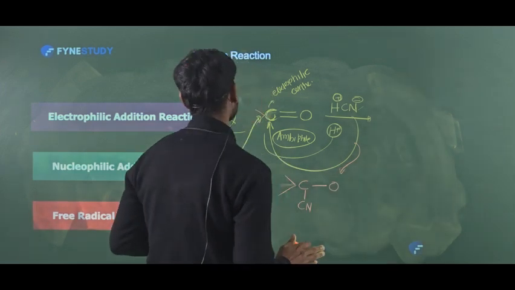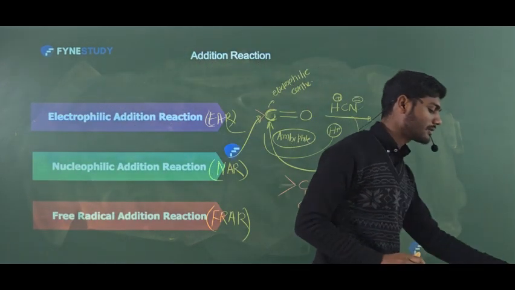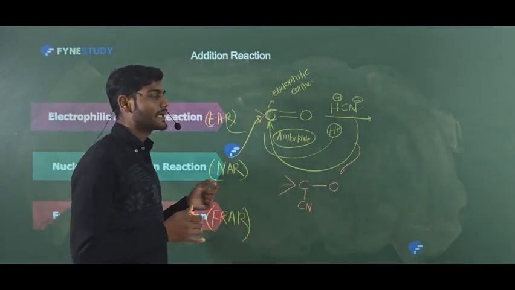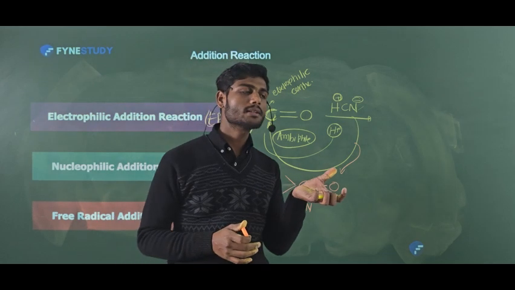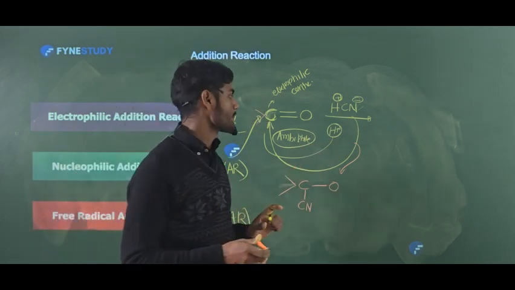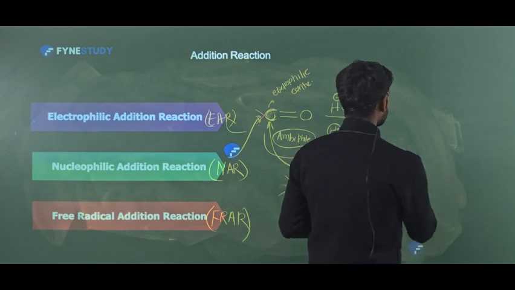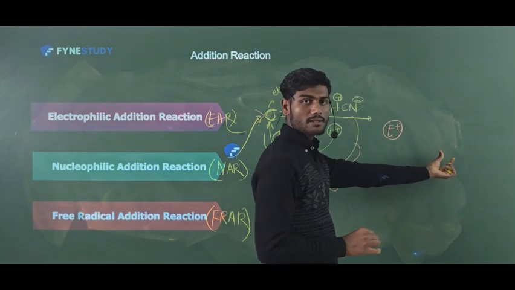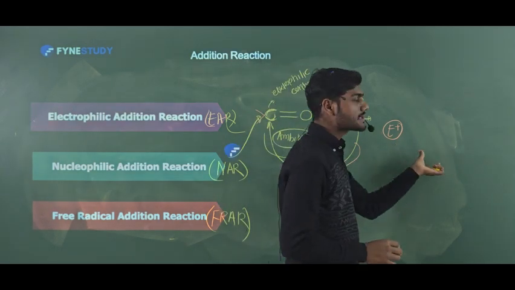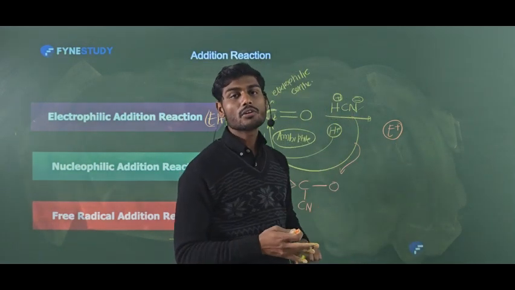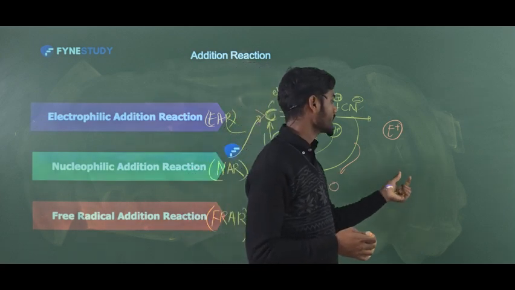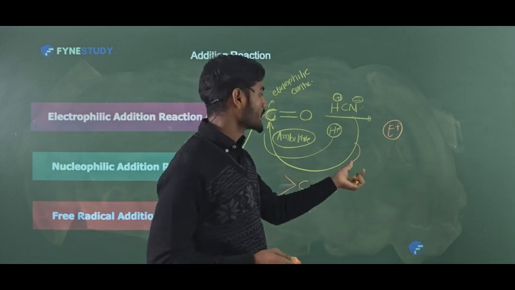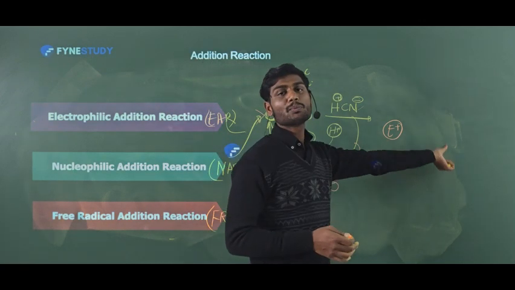It means simply you understand that if an electrophile is approaching, you have to identify the nucleophilic center on the compound. If you are doing the electrophilic addition reaction, in that case you have to identify the nucleophilic center, the center which has more electrons, so the electrophile can approach that place.